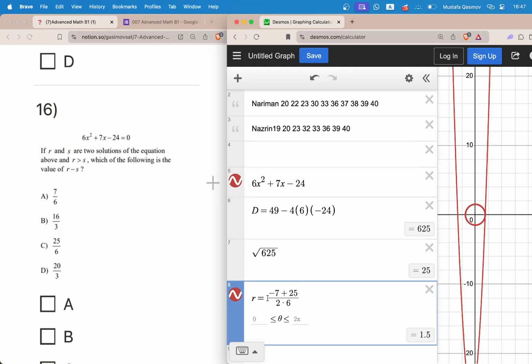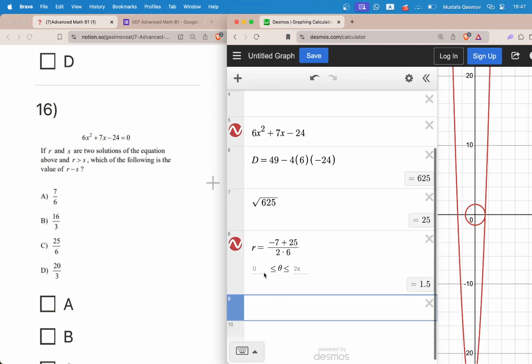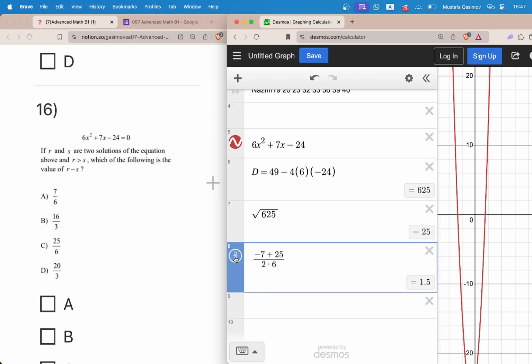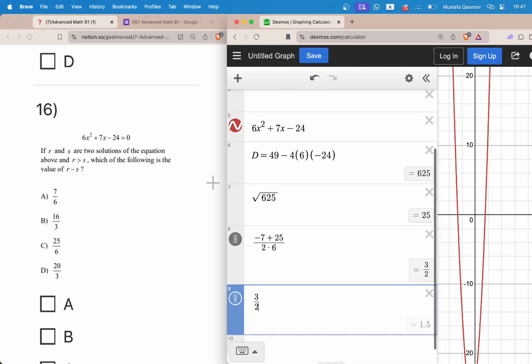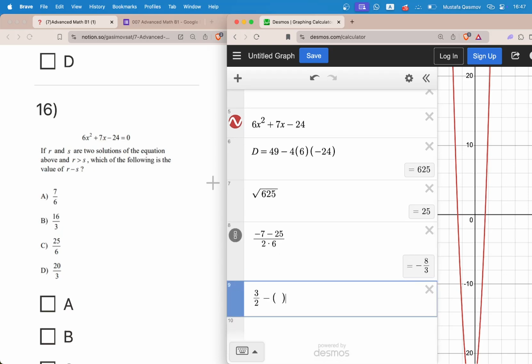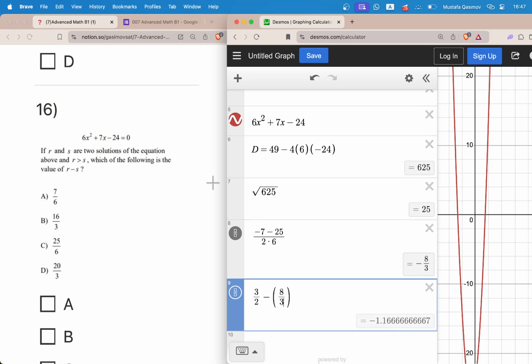That one is r. Let's write 1.5 or 3 over 2. And the smallest one is with minus, so it is negative 8 over 3. Both of them will be correct.